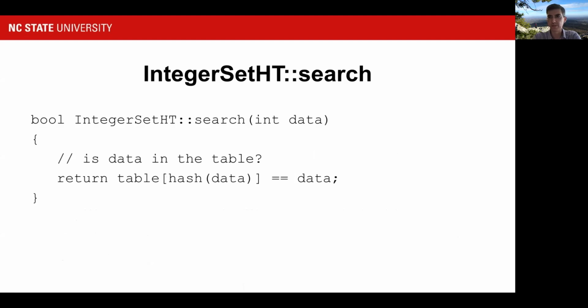Okay, now for search, actually this should be called find, sorry about that. When I pass in data, I need to calculate its index and then look to see if the data stored at that index is the same as the data I'm looking for. If it matches, then I'm going to return true, and if it doesn't match, I'm going to return false.